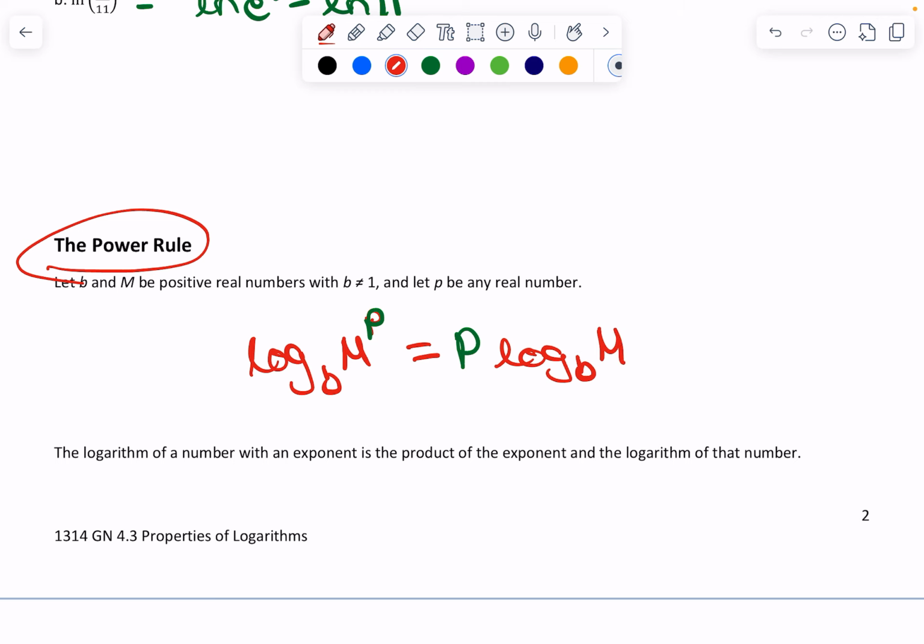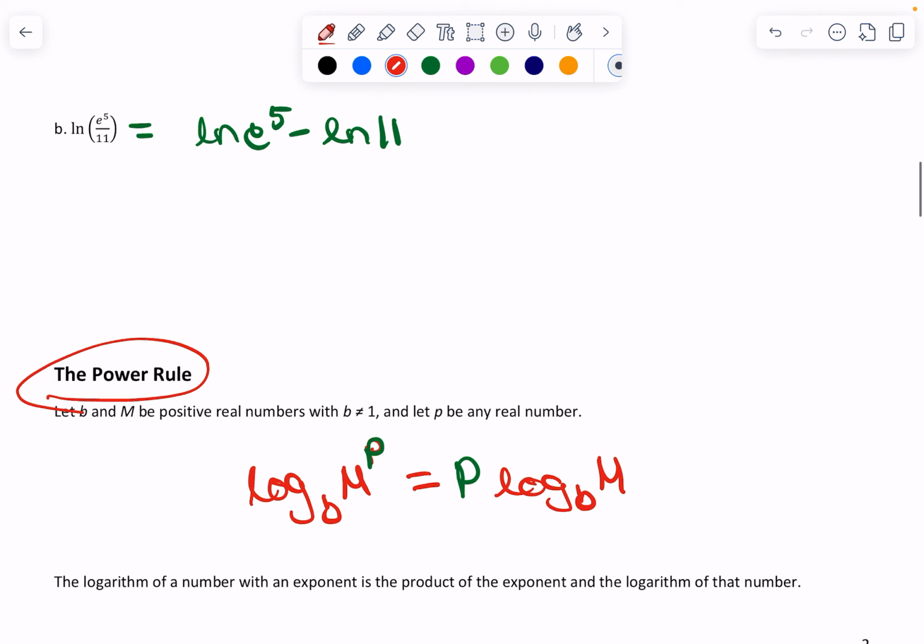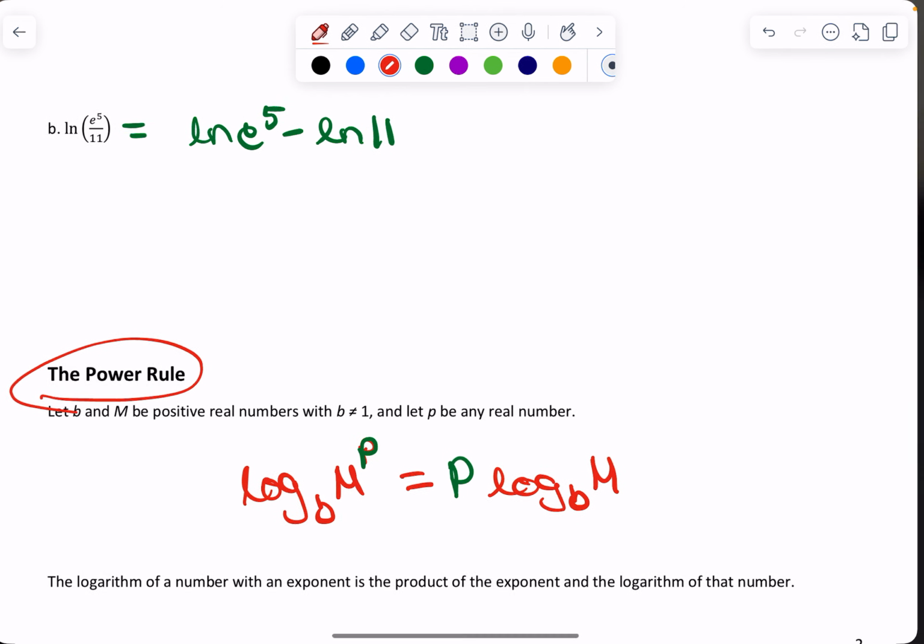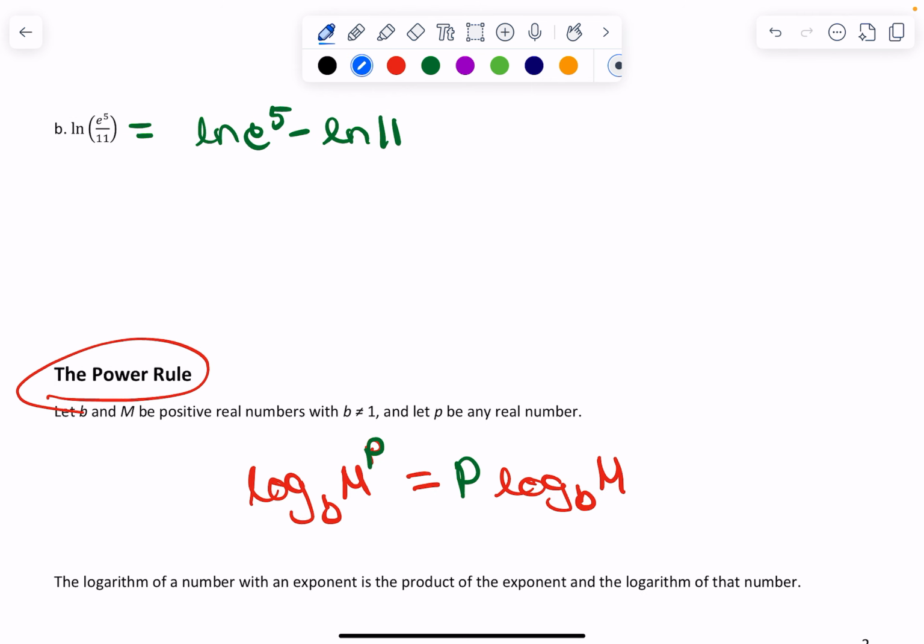Okay, now going back to our previous example, if we look at this part right here, we have the exponent 5 over here. So what we can do is we can bring the 5 to the front using the power rule.